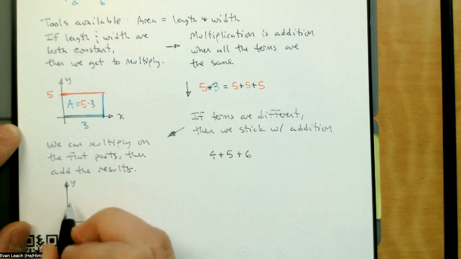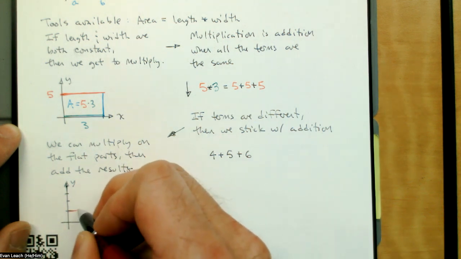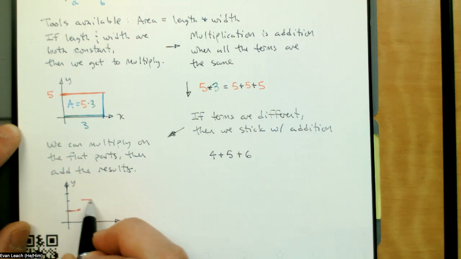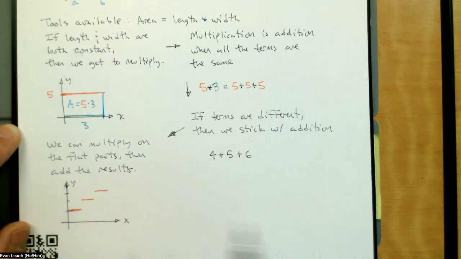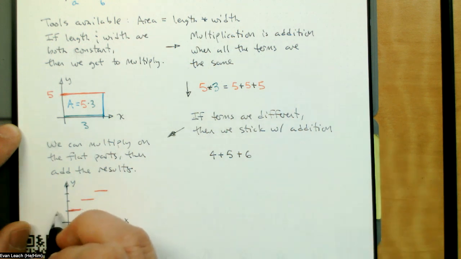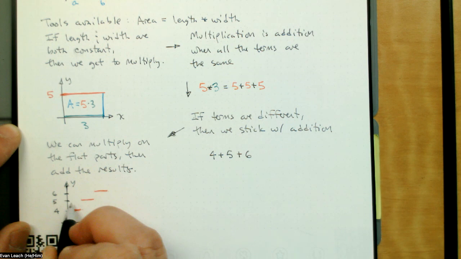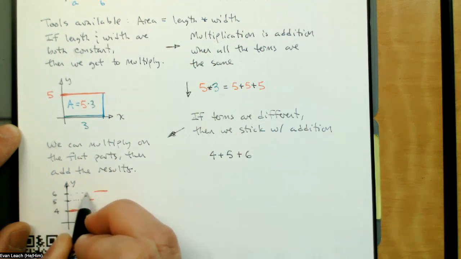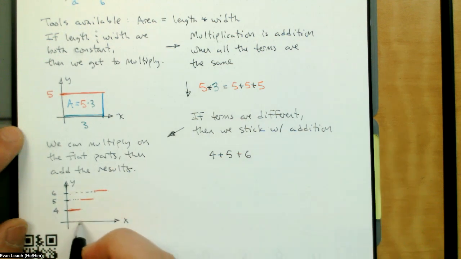if I've got a 4, a 5, and a 6, each of those is going to be over a unit of 1.